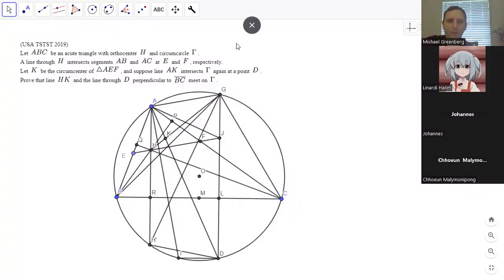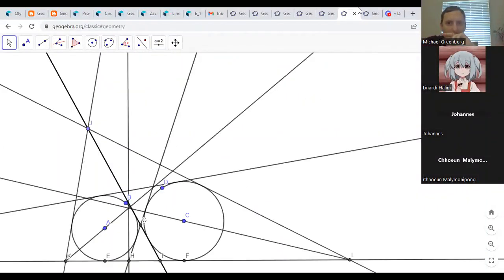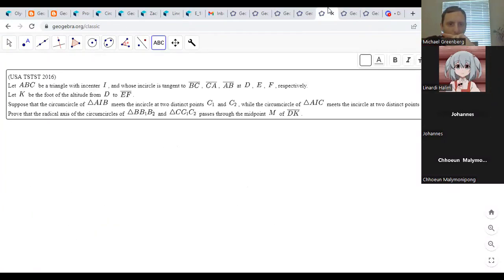All right, let's try another problem just to see if we get an easy one. Oh, this looks a little tricky. The other ones look kind of tricky, actually. This doesn't look that hard, though.